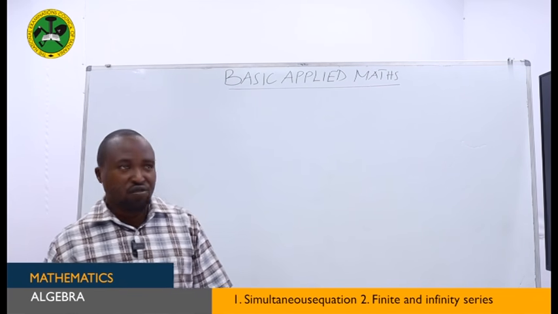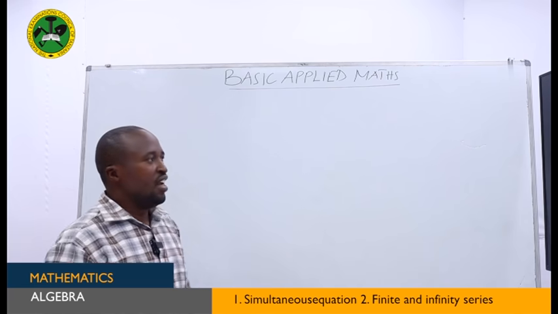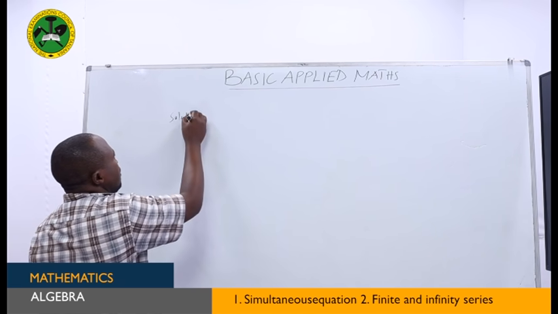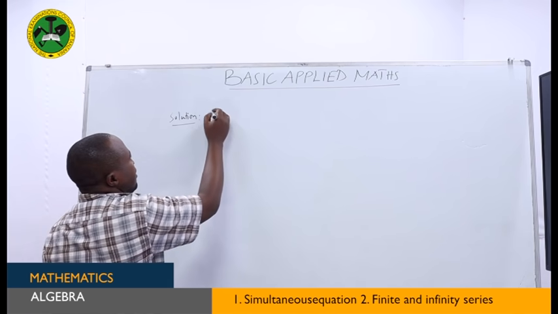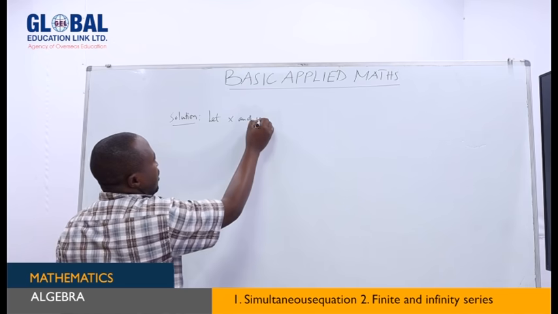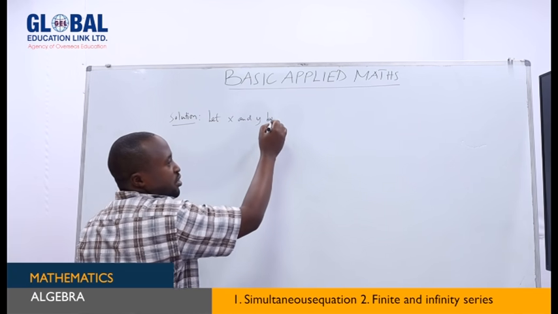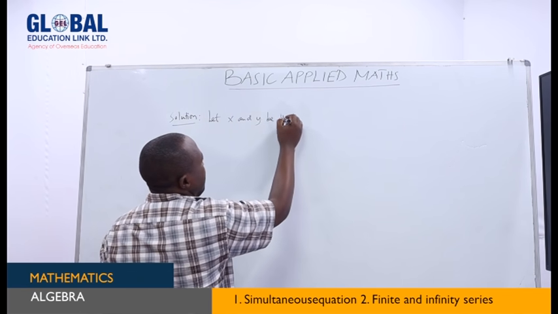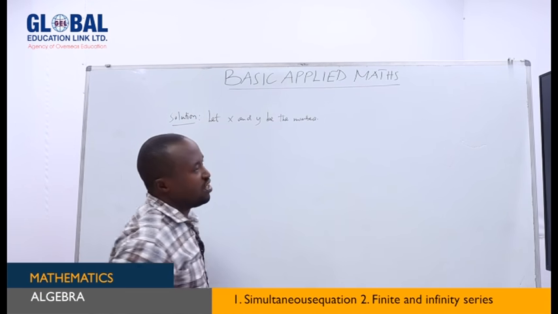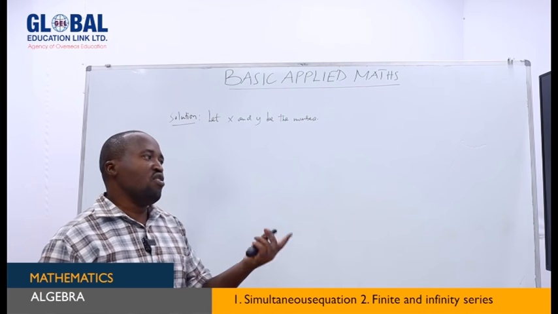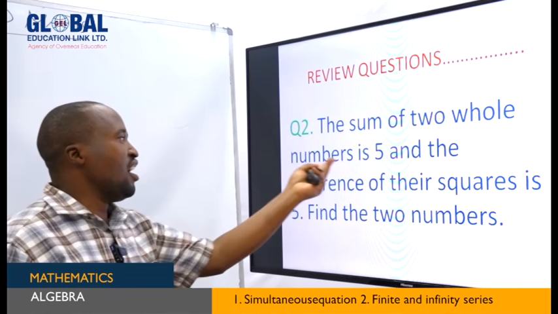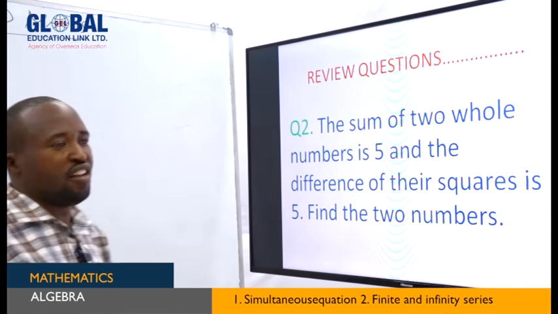Now the first step, we have to interpret the question. Just say, let x and y be the numbers, because the numbers are unknown, and we have two numbers. Now the question says the sum of two whole numbers is 5.